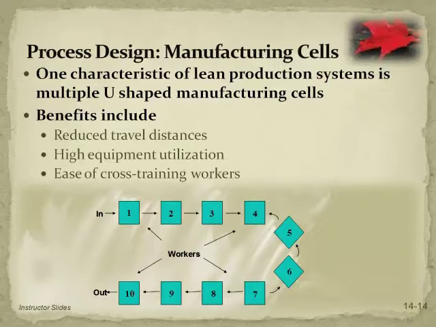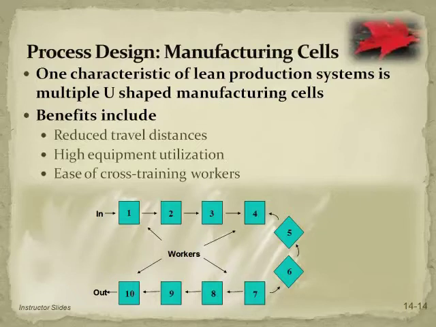So manufacturing cells is a very important element in going lean, in reducing the travel distances. This also gives us a better utilization of our equipment, that is, it's being used more. And another thing is we're able to have fewer employees.